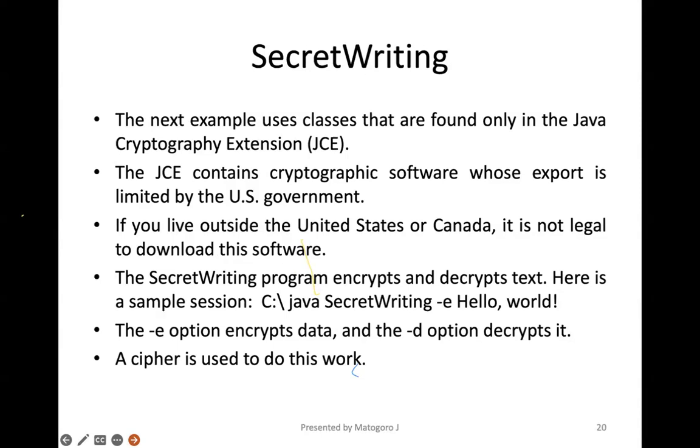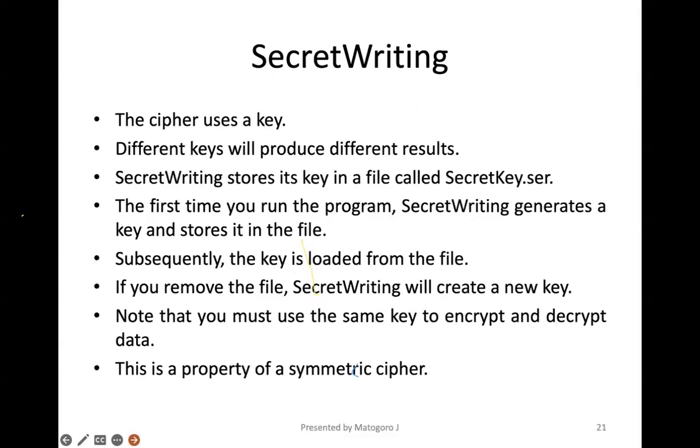You can write this in a Java environment, and then the E option always encrypts data, and the D option always decrypts the data. So a cipher is used to do this work. It's important to play around with how you can encrypt and decrypt a message using secret writing. The cipher always uses a key, and a different key will produce different results.